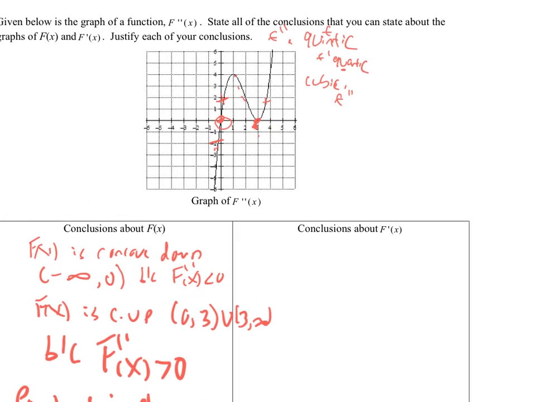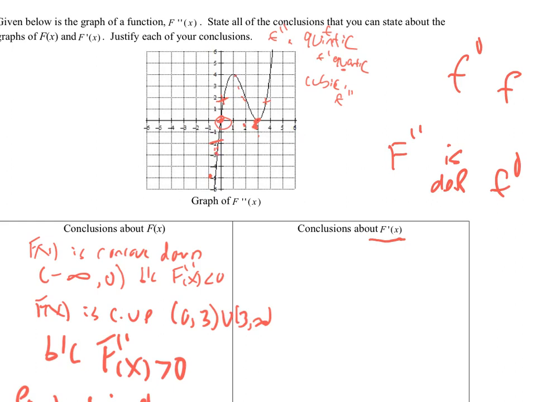Now let's talk about the first derivative. The second derivative is the derivative of the first derivative. So again, you can look at it as an f prime relationship. Forget that this is the second derivative. It's a derivative of something.